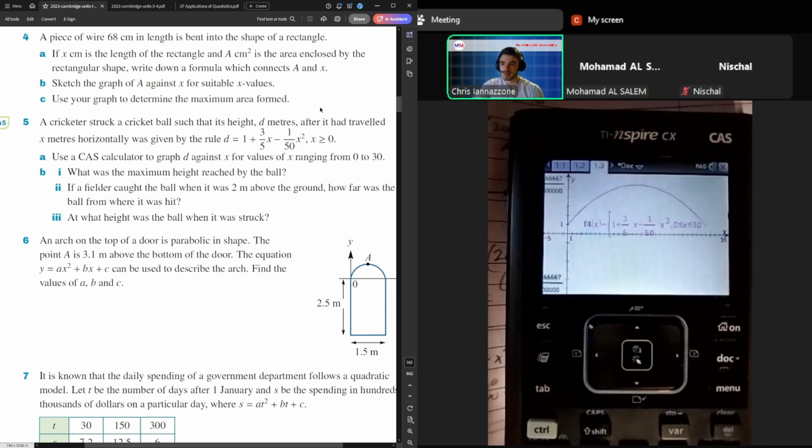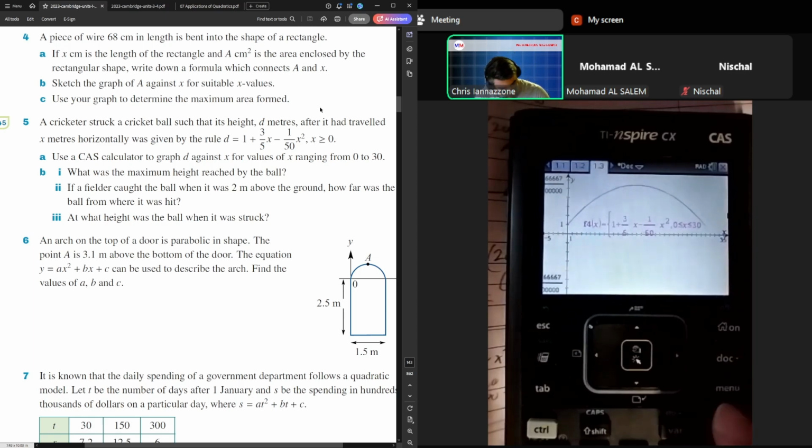Nice. And that will give you the maximum height. This being a CAS question, you don't necessarily need to do that because we have a CAS, but if you were to do it tech-free, then yeah, negative b over 2a would be probably the best way to do this one because it is a complicated equation.